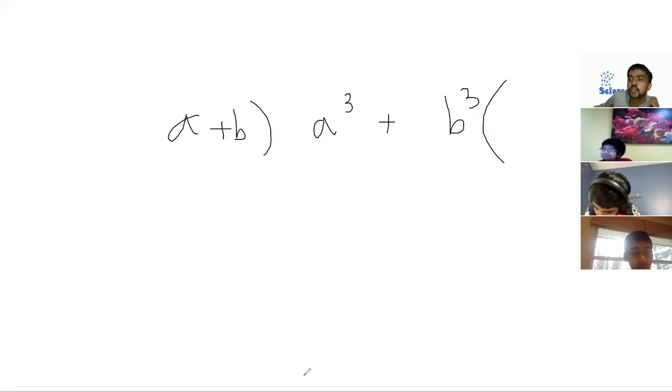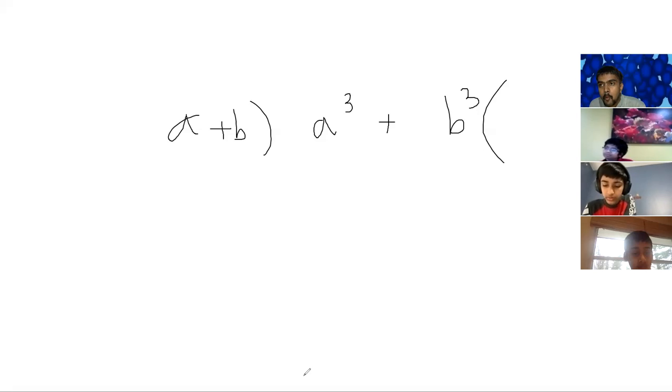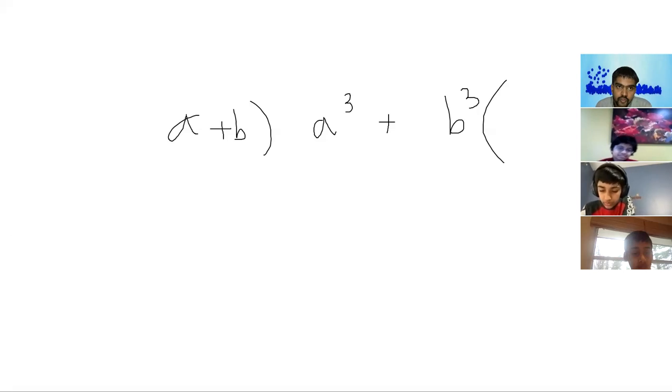But divide and check if you're getting the same or not. Oh, okay. Minus... is A squared.